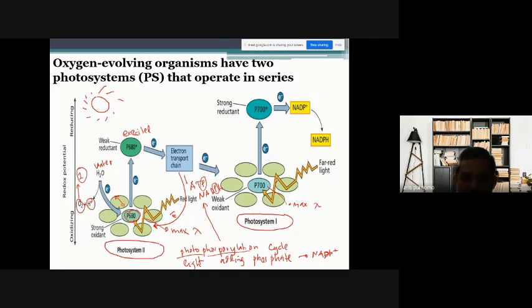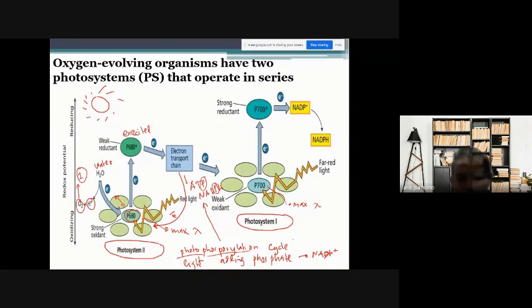From this picture, there are two processes that can produce energy to activate the dark cycle, or Calvin cycle. The first is the photophosphorylation cycle, and the second one is the reaction that involves photosystem 2 and photosystem 1.